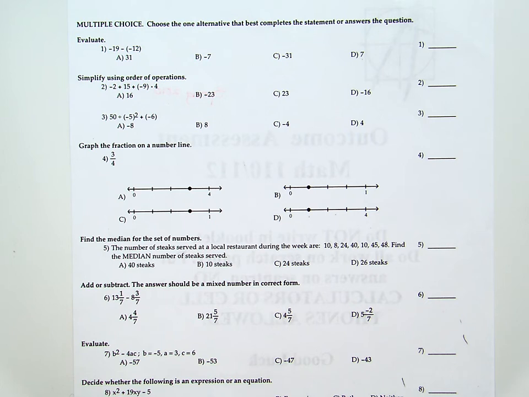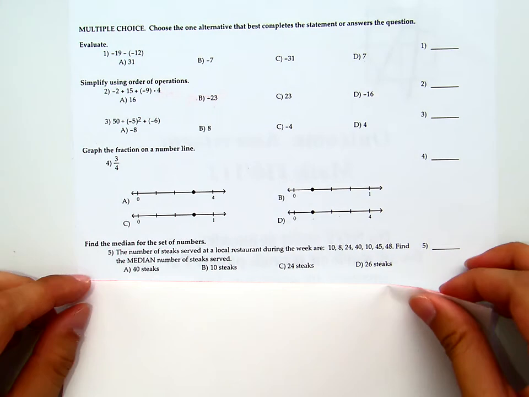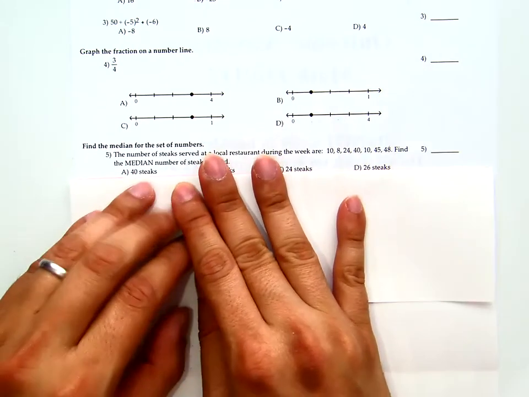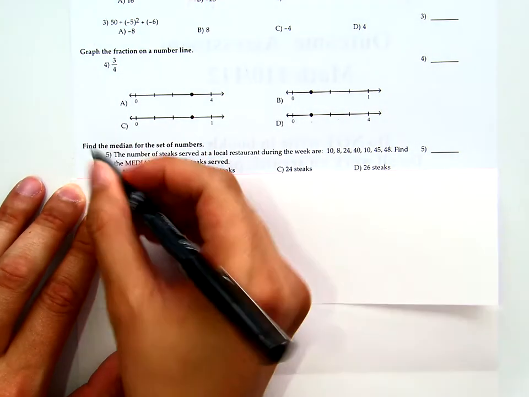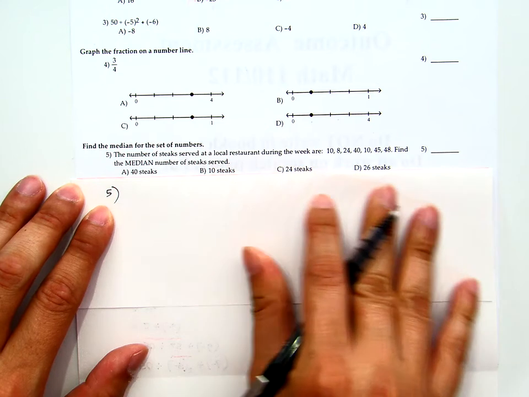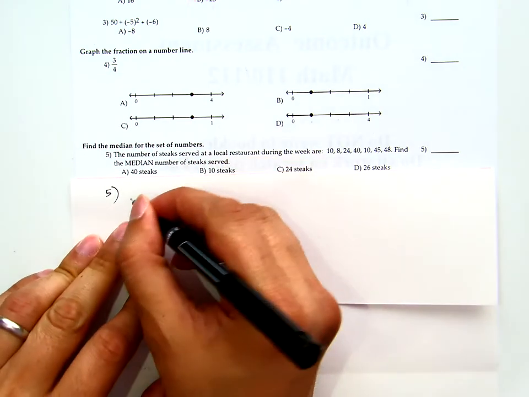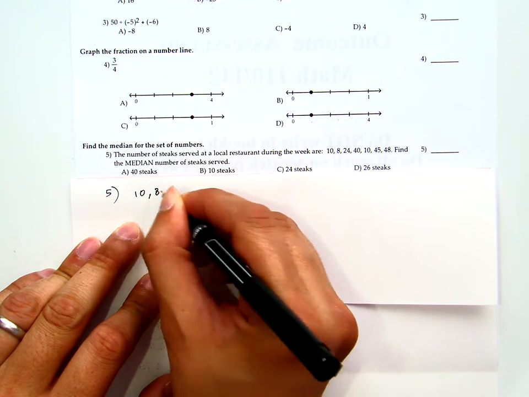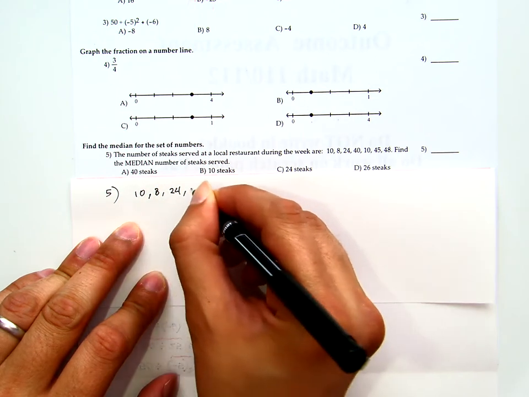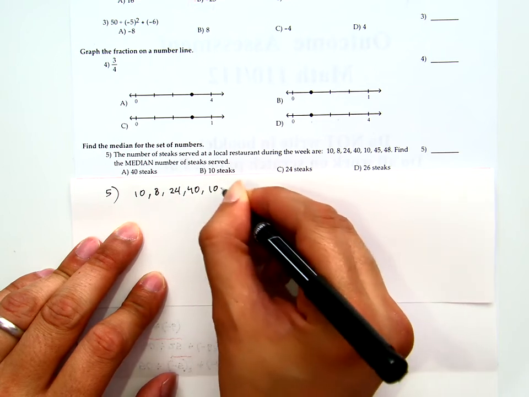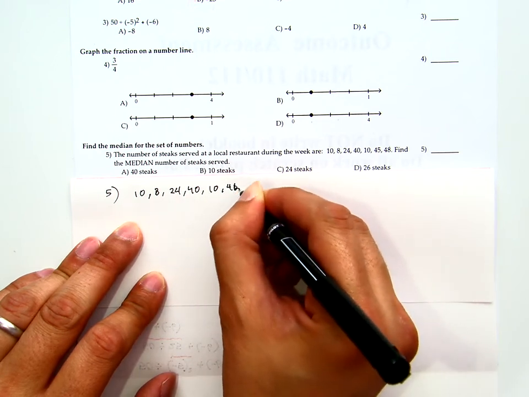Lastly, for this first part of the video, find the median for the set of numbers, number 5. The number of steaks served at the local restaurant during the week are 10, 8, 24, 40, 10, 45, 48.